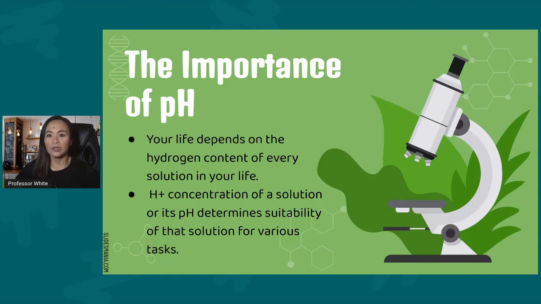It determines the suitability of that solution to perform various tasks, for example cleaning solutions at home, such as ammonia, which has a very high pH, while white vinegar has a low pH. And we know very well that some common substances we use at home have a certain level of pH.